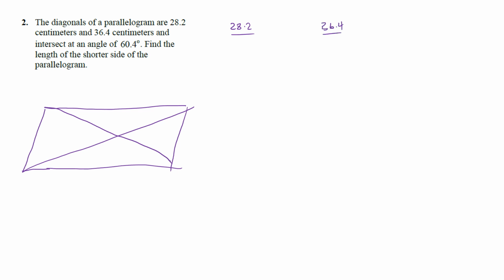Since they bisect each other, we can divide them both by 2 to find what half of each diagonal is. This one would be 14.1, and this one would be 18.2. So we will have 18.2 over here and 14.1 over here.